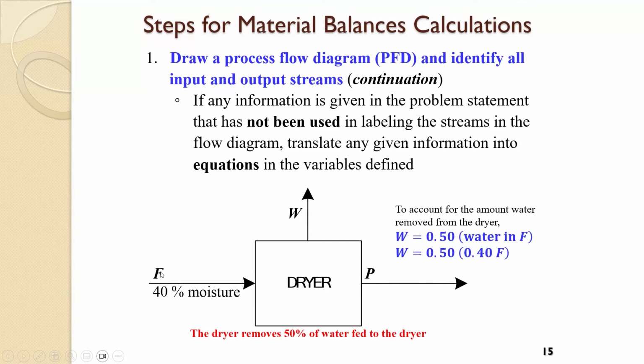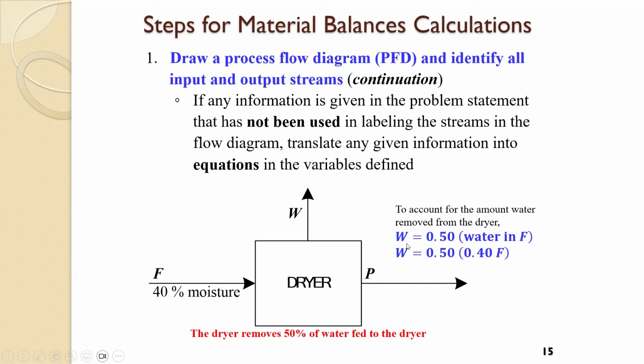So you notice that the feed has 40% moisture. So for example, if you only have two components, the wet product consists of the product itself plus moisture. And then it says here that the dryer removes 50% of water fed to the dryer. So water removed is 50% of the water in F.